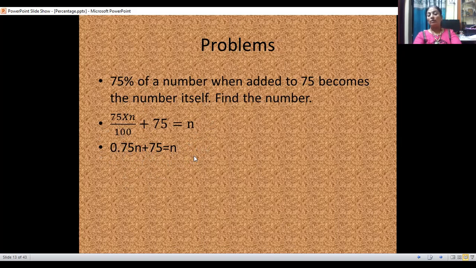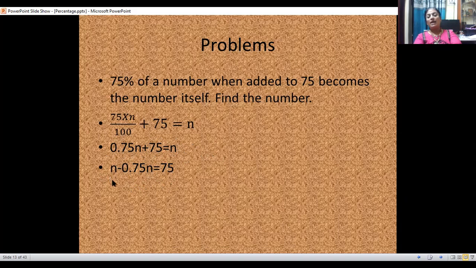So both the n's will be kept on one side and 75 is one number, so let us keep it on one side. Now 75 is on one side, and n minus 0.75 n: the plus 0.75 n becomes minus when it comes to the other side of the equation.